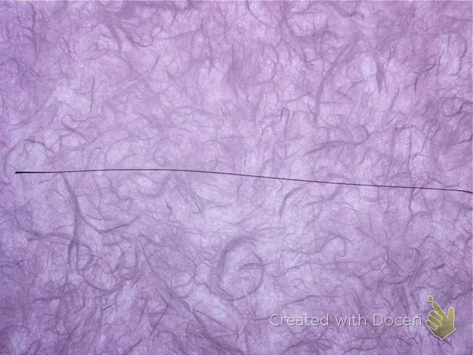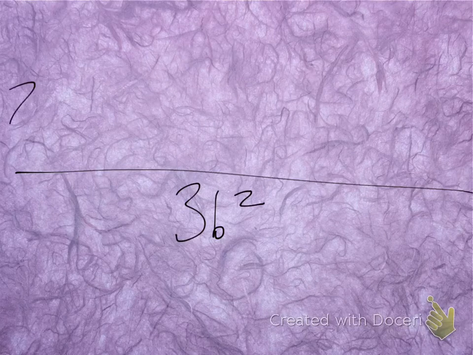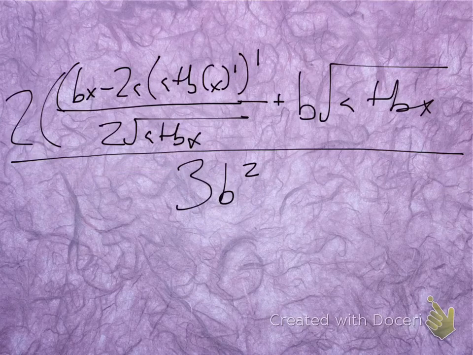So we'll continue having 3b squared in the denominator, and we'll continue having our 2 here as our coefficient we're multiplying everything else by, and we will need bx minus 2a. Okay, so this is going to still be the same.